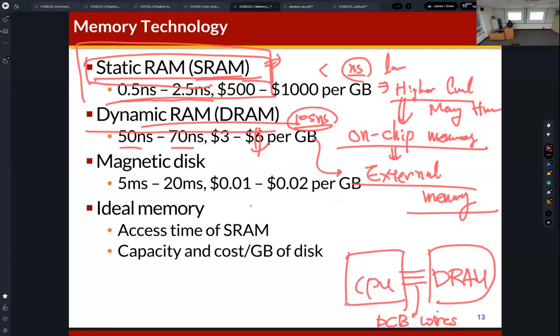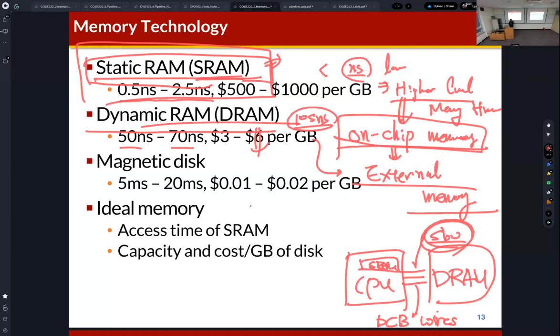You can just think that DRAM is outside of the chip. So we need to use the external PCB wires to connect the CPU and the RAM. So it's very, very slow compared to the SRAM. But as I mentioned, SRAM is the on-chip memory, so SRAM is inside of a CPU.